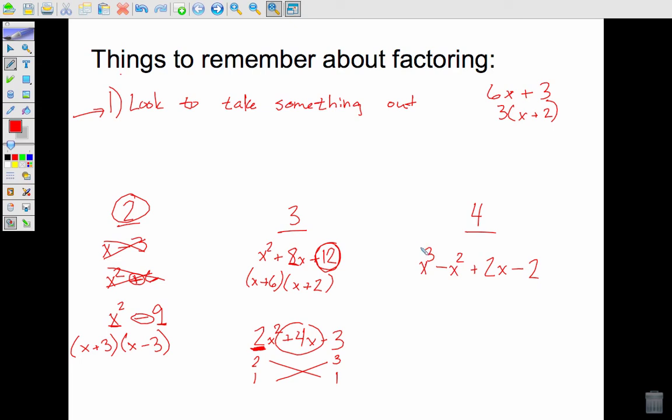Where this one, if it has 4 terms, if you go back to chapter 6 videos, we're looking at factoring by grouping, where you group these first 2, take something out, group these second 2, take something out, and then you put these 2 together. So just a few reminder rules on how to factor.